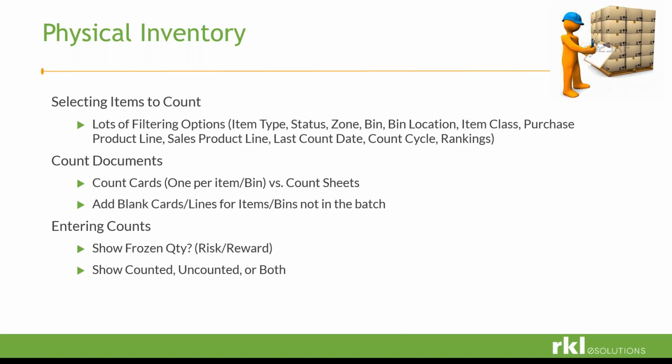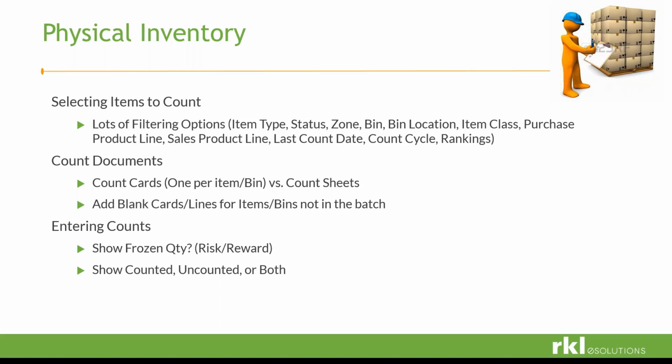Once you actually have the items counted and are ready to enter those counts into 500, you have a choice as to whether or not you want to show the user who's performing the counts in 500 the quantity that was frozen when the batch was created. There are pluses and minuses to doing that. On the positive side, having that frozen quantity displayed to the user might be helpful in identifying counts that are way off.